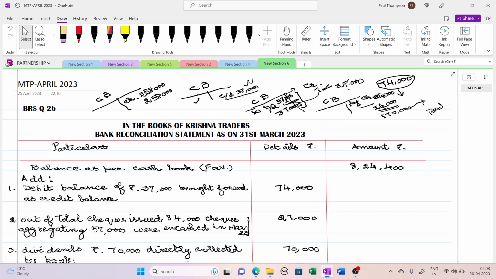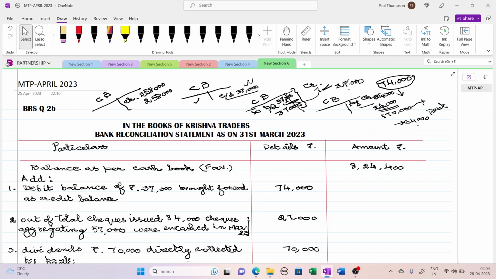He deposited 64,000 in the bank, so the bank immediately would have credited me with 64,000. I do not know this, because the customer went directly to the bank in the month of March, without intimating Krishna Traders. We do not know any information about the deposit of the check by a customer.